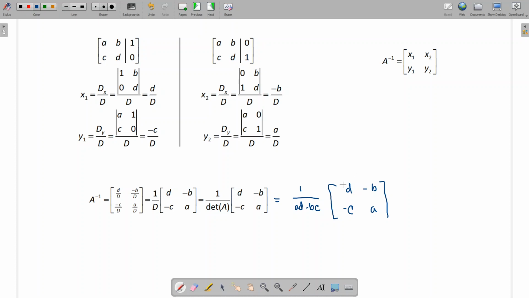The a and the d were swapped, and then the b and the c have negatives on them. So in general, all we will need to do to find the inverse of a 2 by 2 matrix is swap the elements on the first diagonal, take negatives of the elements on the second diagonal, and then multiply by 1 over the determinant of that matrix.